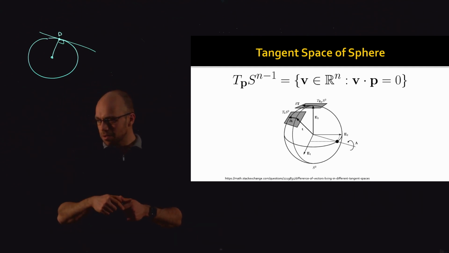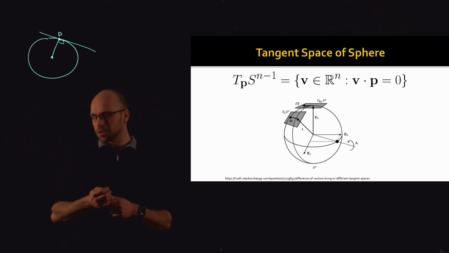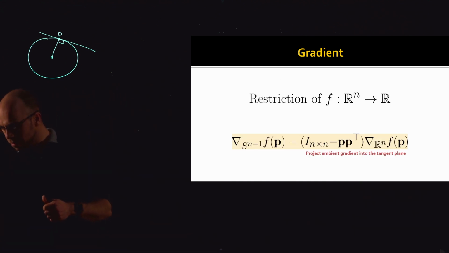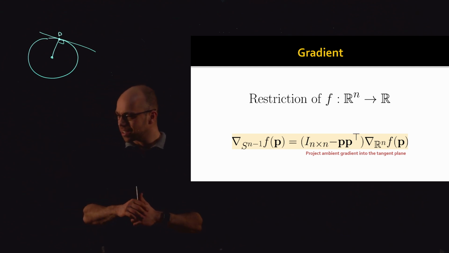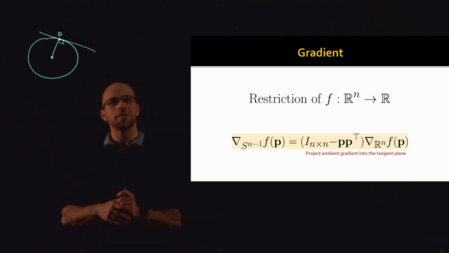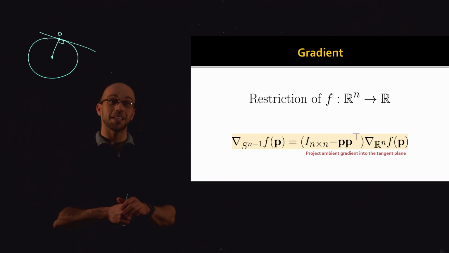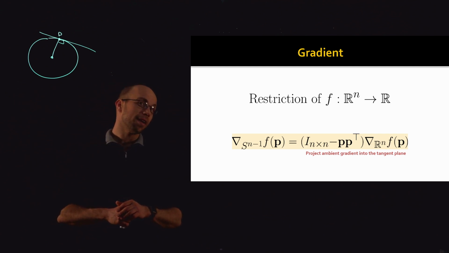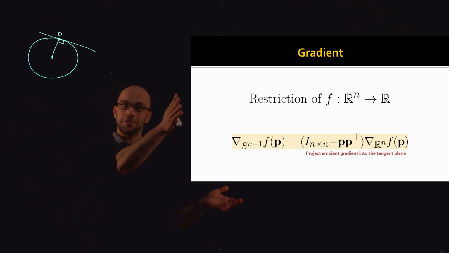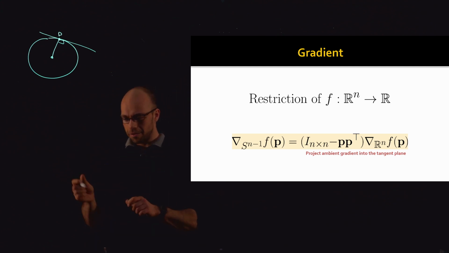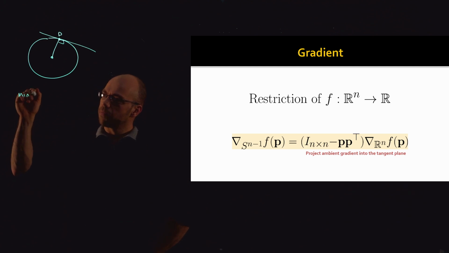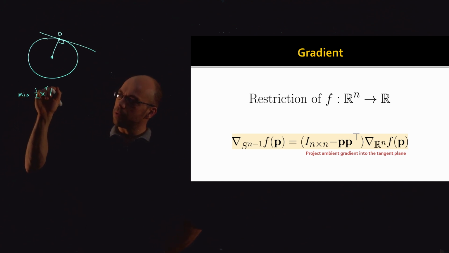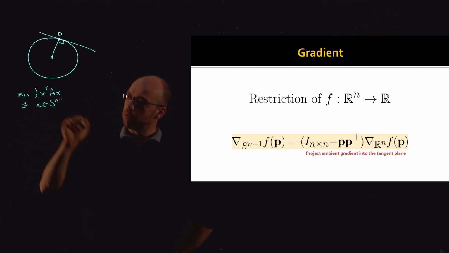So if we want to compute the gradient of a function, and our function only exists on the sphere, then we have to use the machinery that we've talked about in earlier lectures. One pretty common scenario is that I can take my objective function on the sphere and view it as a restriction of an objective function that exists on all of R^n. So for example, maybe I want to minimize 1/2 x transpose Ax subject to x being in S^(n-1).